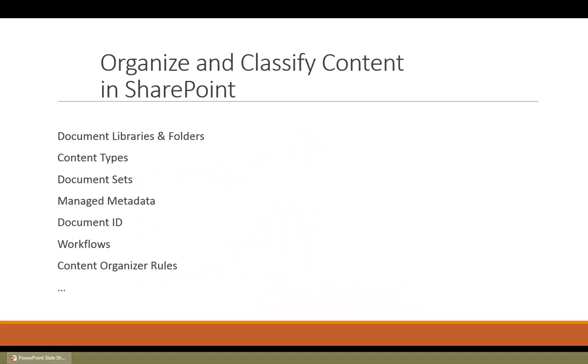So what kind of options do we have in SharePoint? First of all, we have sites, site collections, and we have document libraries, lists, and folders. This is obvious. If you know SharePoint, you can create your sites, you can create subsites, even subsites of those subsites.